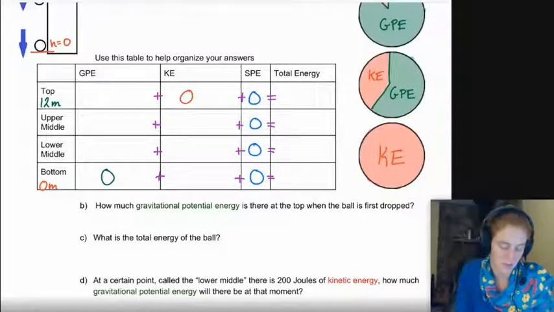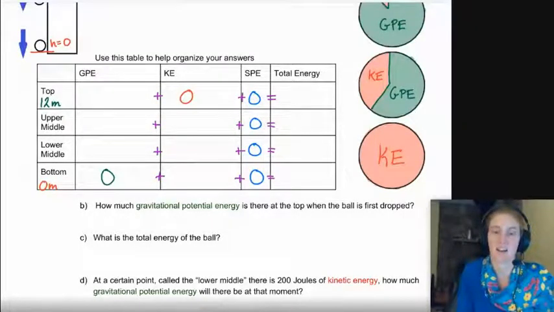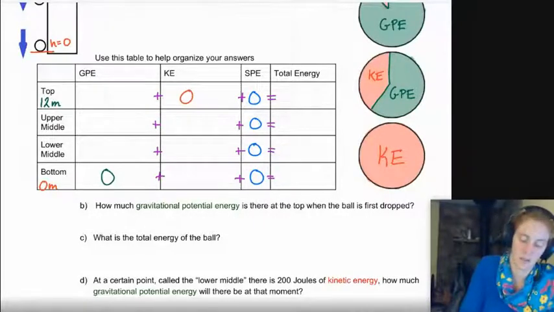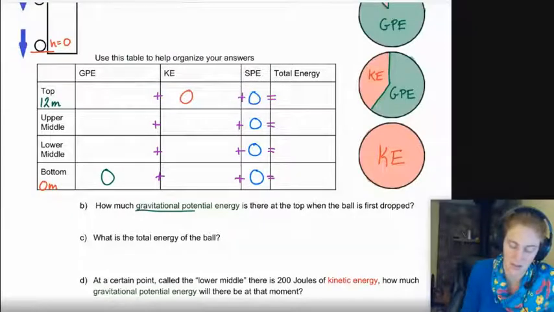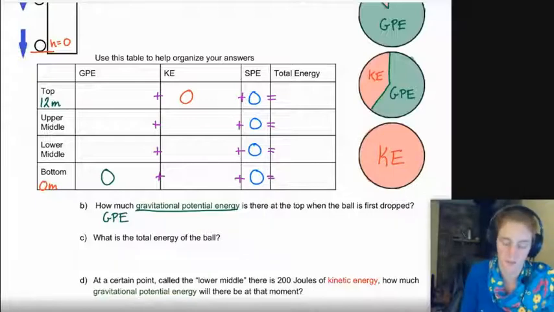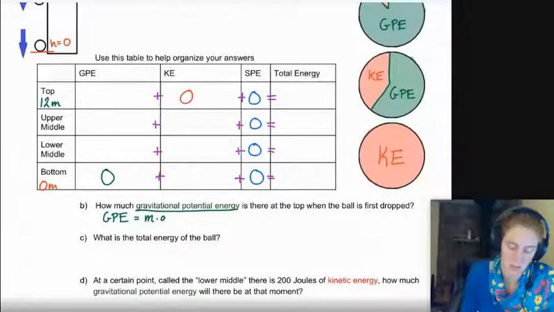So the first question says, how much gravitational potential energy is there at the top when the ball is first dropped? So I'll notice that it says gravitational potential energy. So that's my GPE. And I'm going to look back at my notes and remember that that is equal to my mass times g times my height.